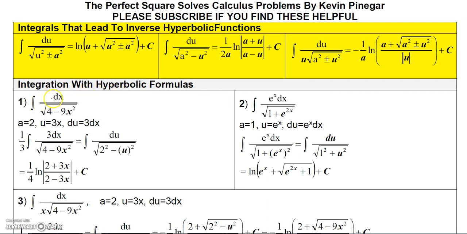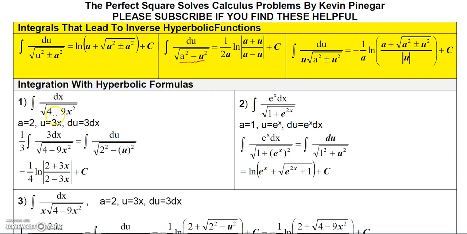So in this example, I have dx over the square root of 4 minus 9x squared. Okay, now this one, since I have a constant squared minus a function squared here, I'm going to see if it might work for this one where I have a squared minus u squared in the square root.